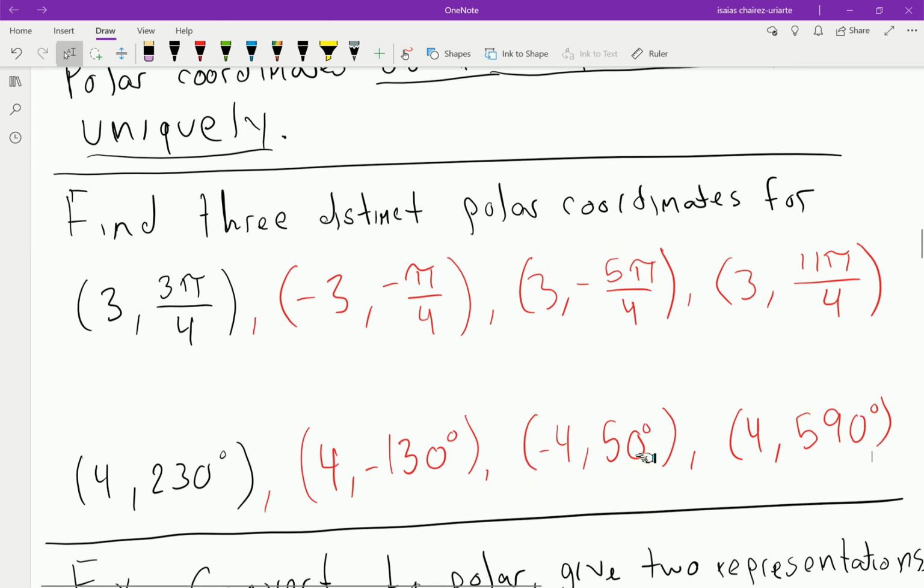It's the other one that's a little more interesting, but if you plot it in the polar plane, you'll see that they are the same point. And there are infinitely many more representations or polar coordinates for the same point.